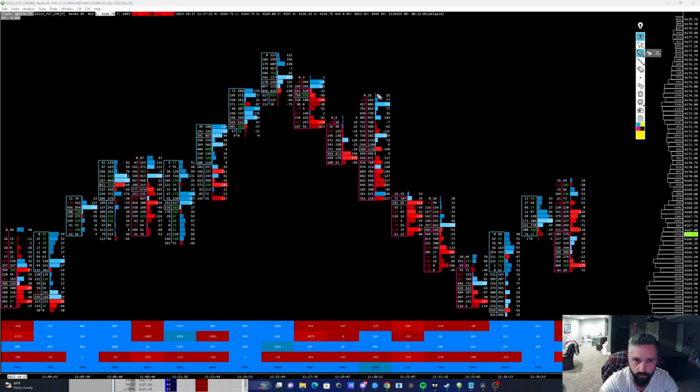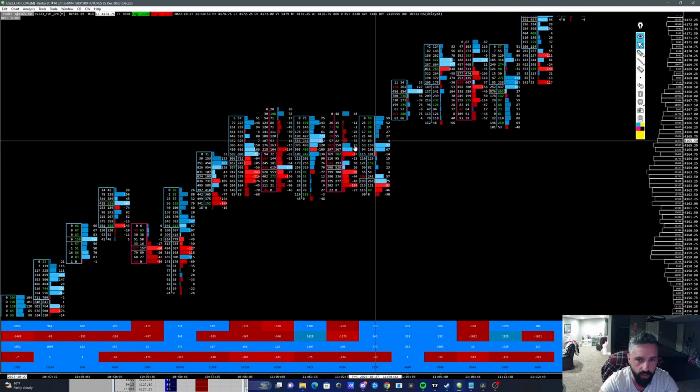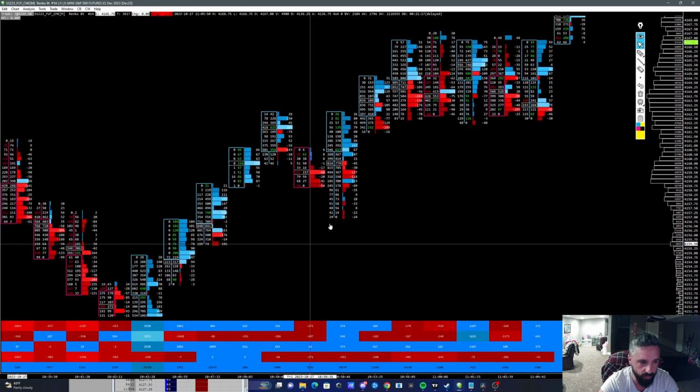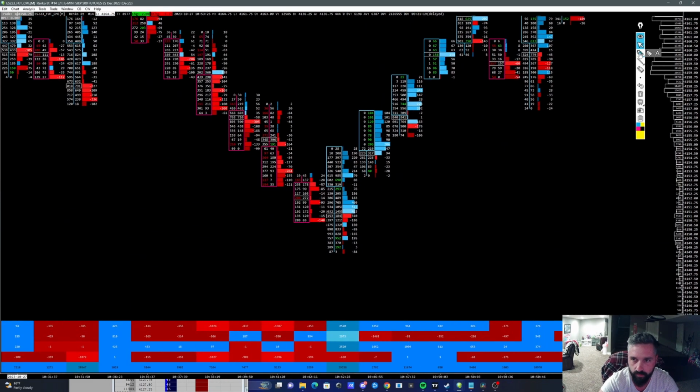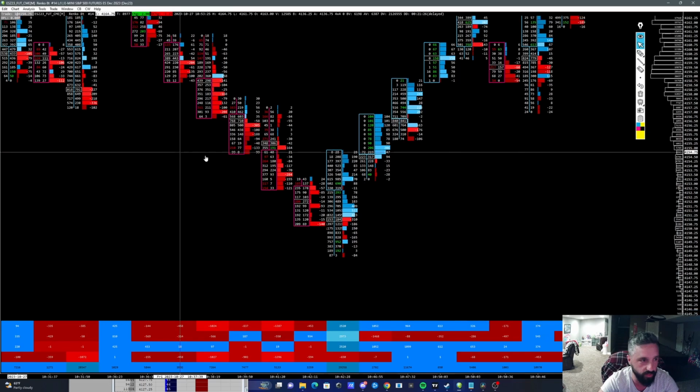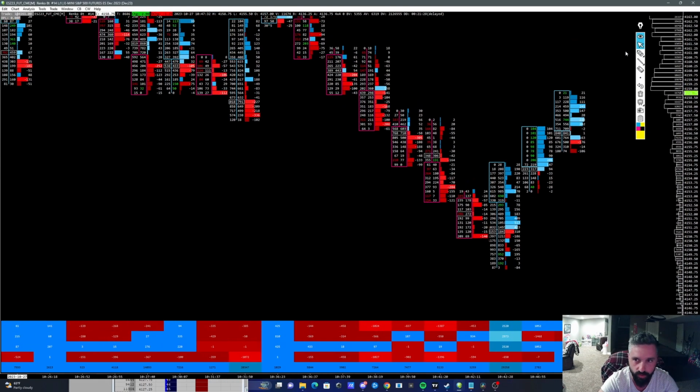Right here, buyers failing to accept price higher. We have a 25, a 77, a 352, okay? And then if we look on the sell side, on the low side of the prints, we want to see the same thing. This is not a fantastic low, but this is a cleaner low. And it is finished.